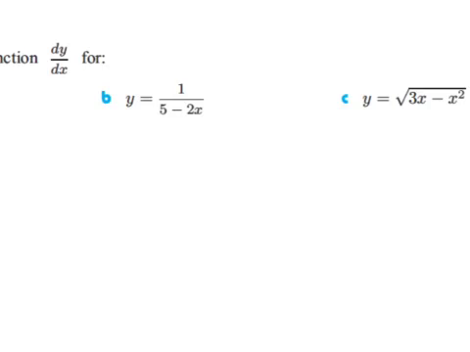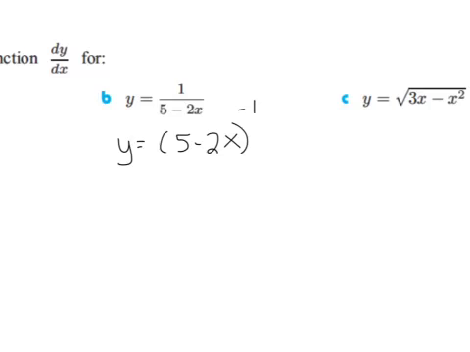Here we have y is equal to 1 over 5 minus 2x. We can write this in non-fractional form. As you can guess, it could be 5 minus 2x to the negative first power.